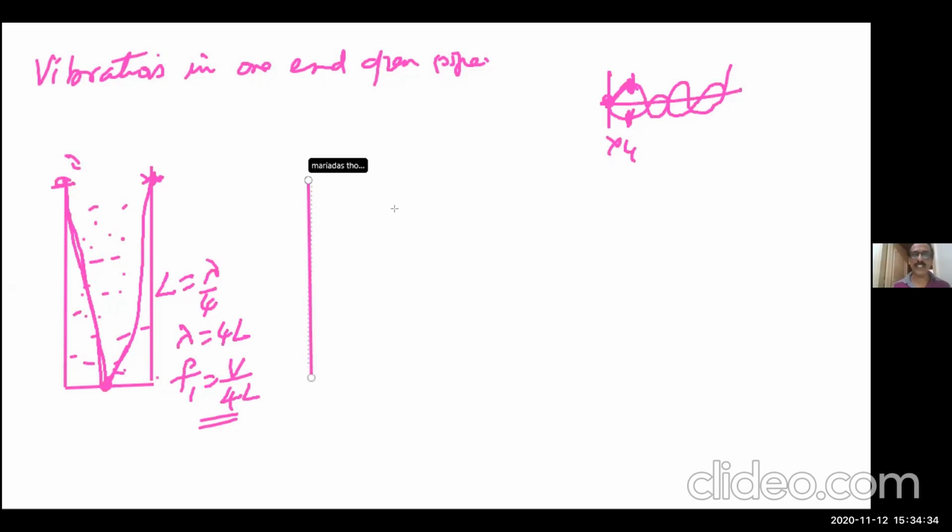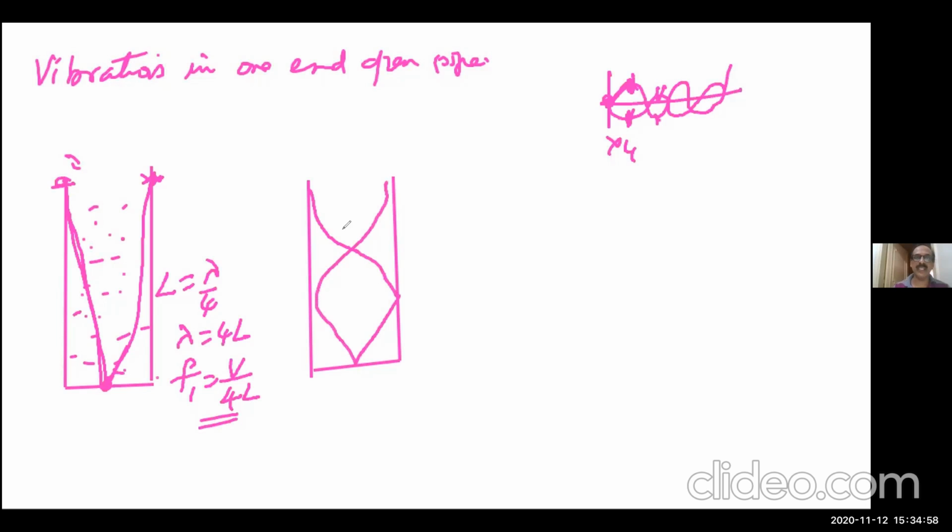Same tube, a little more force I'm giving in blowing. Then in between, the air gets compressed, expands, and again compressed, again expands, again compresses and comes out.